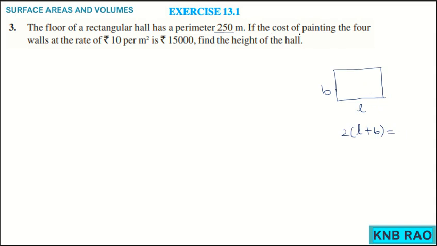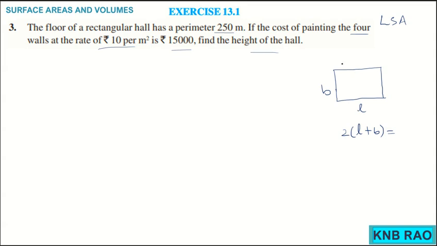Next, if the cost of painting the 4 walls, that means LSA, lateral surface area, at the rate of 10 rupees per meter square is 15,000, find the height of the wall.